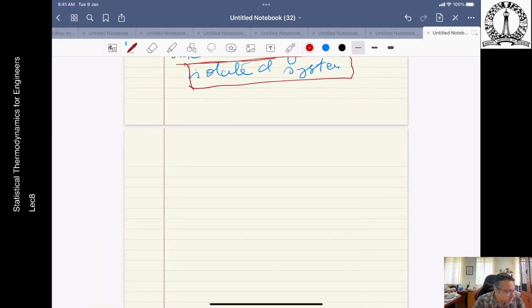Now we also know that each microstate is equally likely.